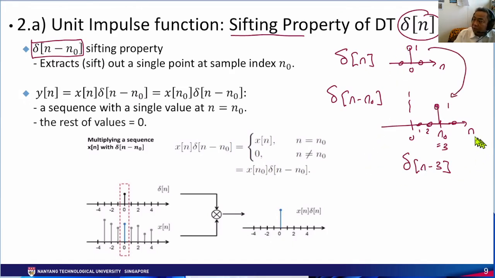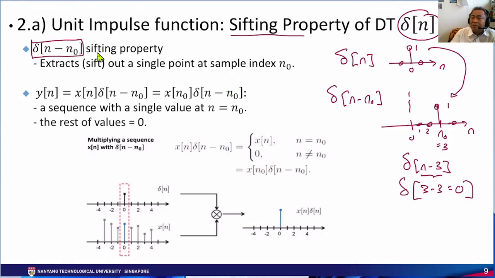Basically, when you substitute n equals 3 here, 3 minus 3 of course is equal to 0, and we are saying that the delta is only defined when this coefficient of time is 0, and hence that's why it appears like this delta is delayed to the right-hand side by 3 samples in this example.